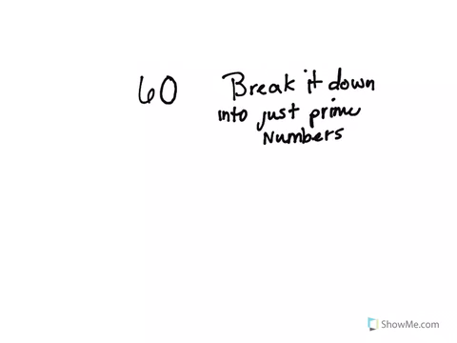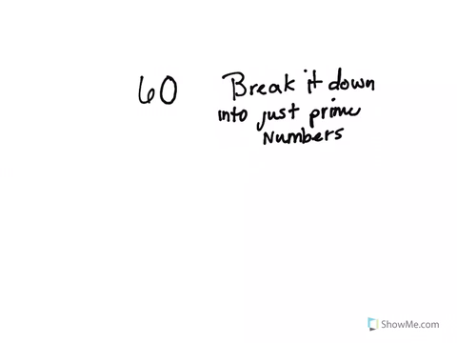But prime factorization means that we're taking big numbers. So I'm going to use from the textbook, it's in your textbook on page 26, the number 60. We want to get this number broken down into just prime numbers only.